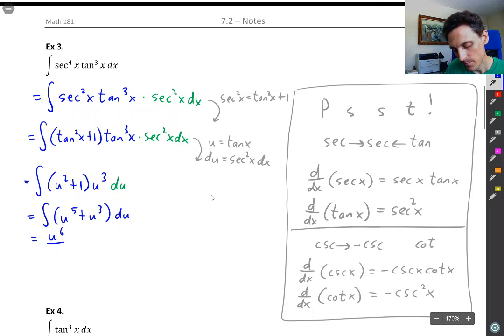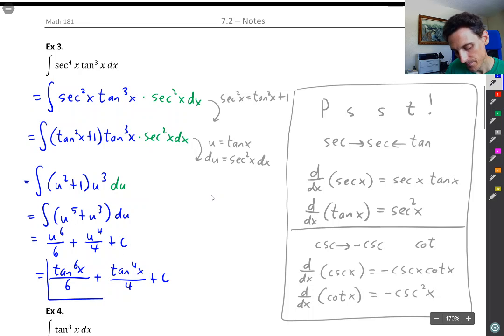Integrate term by term, so we get u to the 6 over 6 plus u to the 4th over 4 plus c. And then just make sure you go back to x. Now we had let u equal tangent x, so replace the u's with tangent x. So we get tangent to the 6th x over 6 plus tangent to the 4th x over 4 plus c.